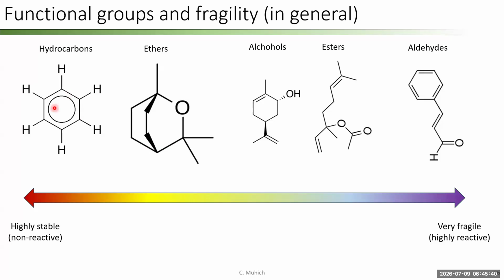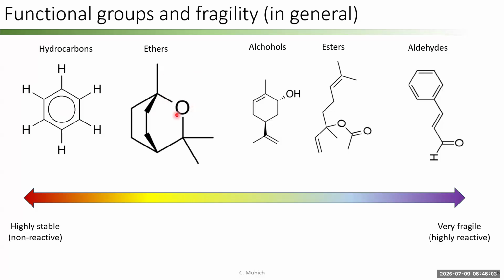So we can generally put on the left-hand side hydrocarbons. Aromatic rings are highly stable. And what you'll notice is as we move from left to right, there are more oxygen groups, and those oxygen groups move farther out, right?